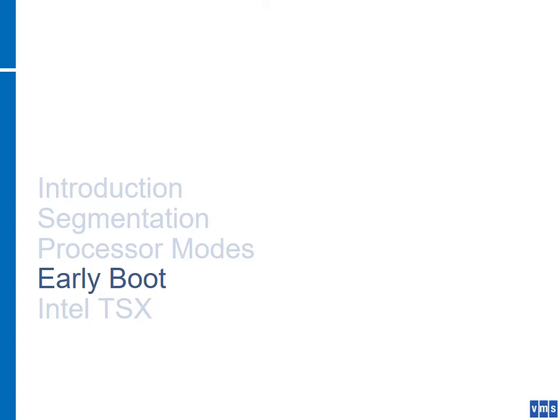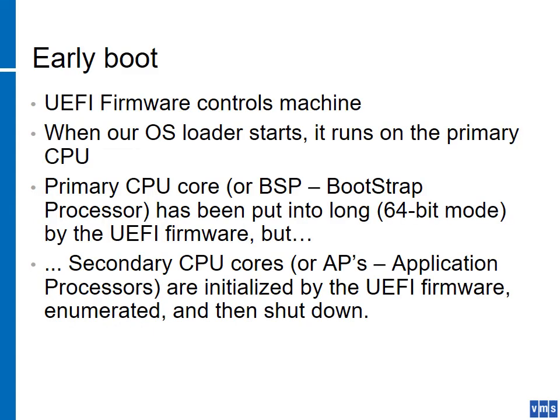Early boot. During early boot, UEFI controls the machine. On x86, we're only going to be running on systems that have 64-bit UEFI firmware. When our OS loader starts from the UEFI firmware, it runs on a single CPU, the primary CPU.